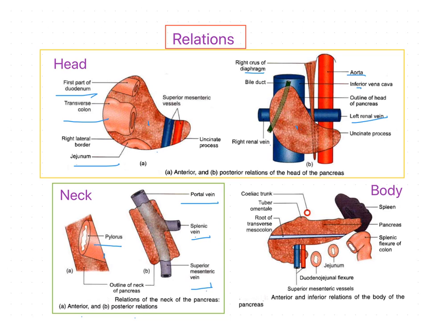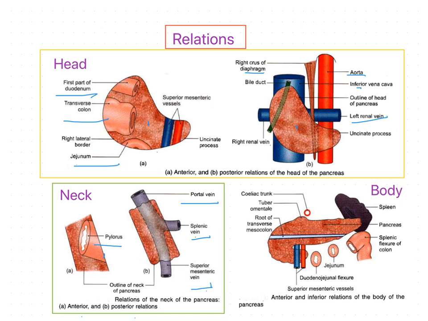Now if you see the body, it has anterior, inferior and posterior relations. Normally, if you cut in sagittal section, the body has three surfaces: anterior, inferior and posterior, and also three borders: superior, anterior and inferior borders.